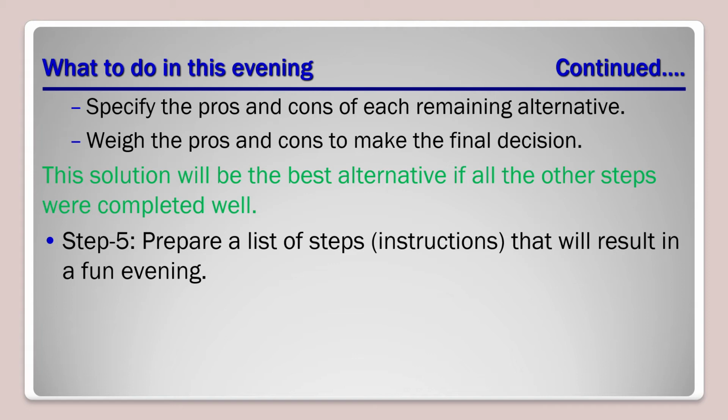Number 5, what will be the assembly point where everyone will come. Number 6, at what time you have to come out from your house. Number 7, at what time you should be at the assembly point. Number 8, at what time you will go from the assembly point to the cinema.